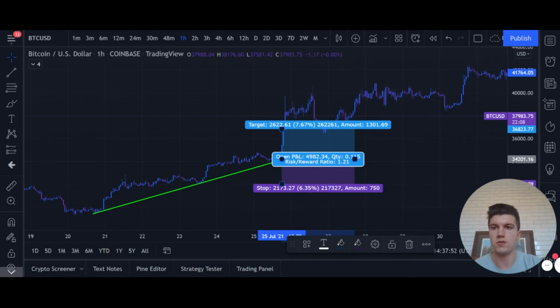And so to calculate out your position size again, practicing good risk management, you're only risking 1% of your account. So you're risking only $1,000. With this, $1,000 divided by 6.35%, or 0.0635.